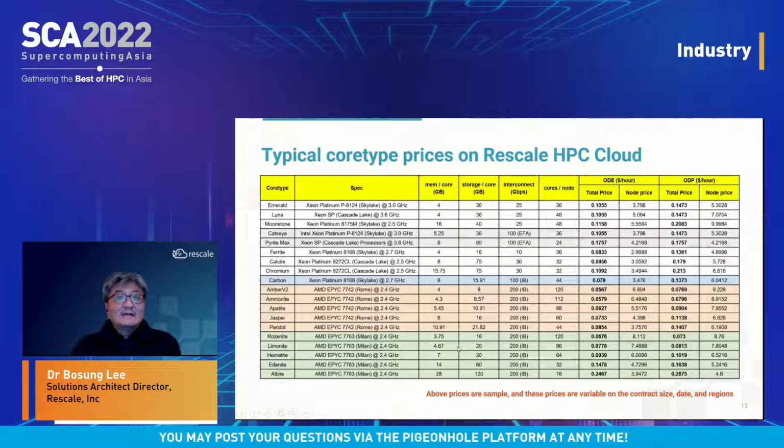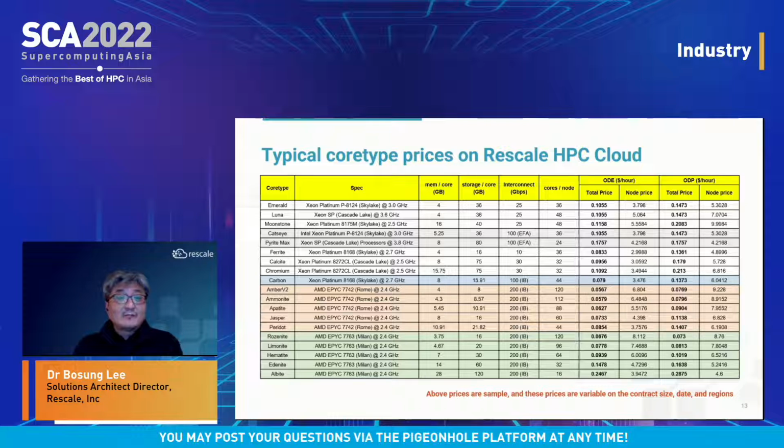This slide shows the various core types and the price in Rescale HPC Cloud. The prices in this slide are samples, and these prices vary depending on the contract size, date, and the cloud regions. Anyway, as I mentioned just before, whether the perpetual license or on-demand license is used, to reduce the license cost, the fastest core types may be useful.